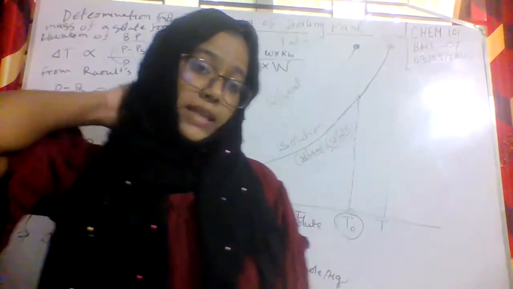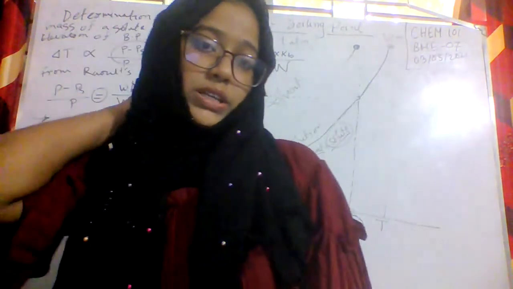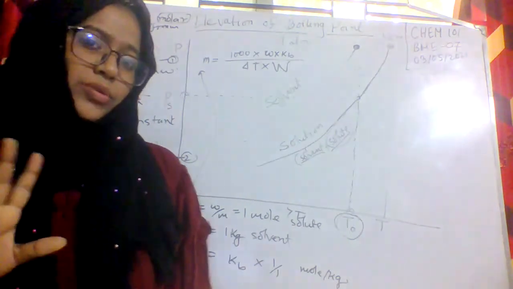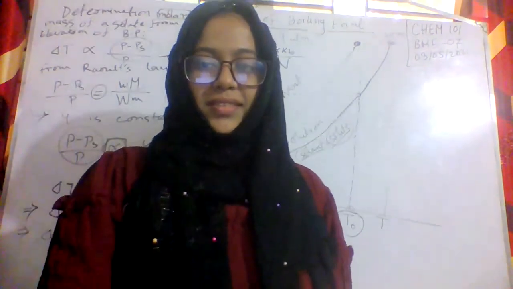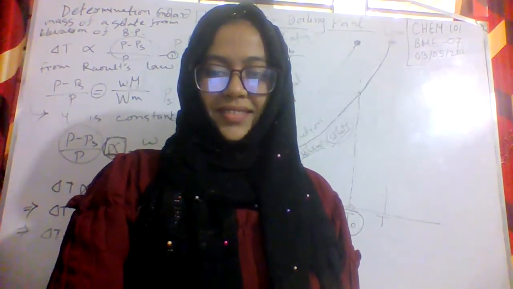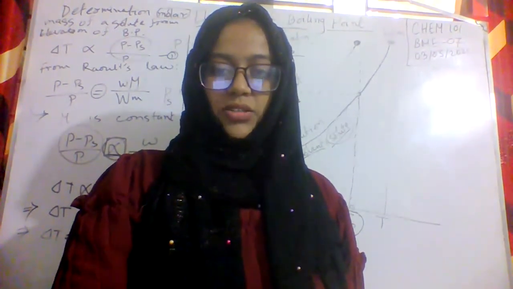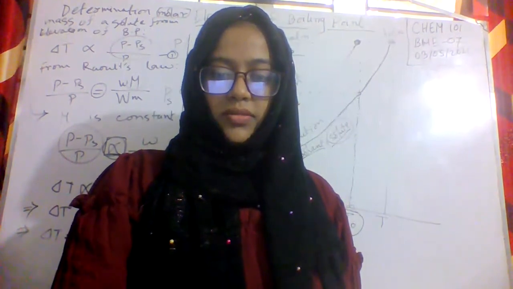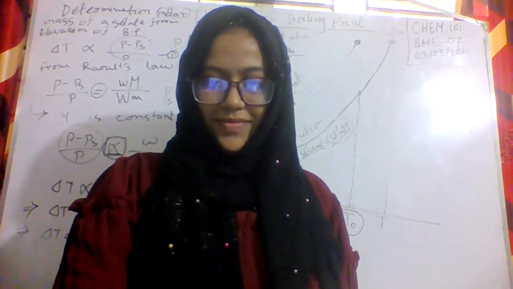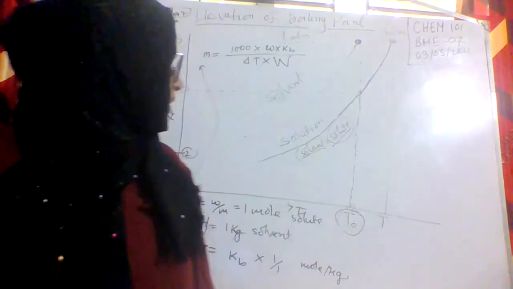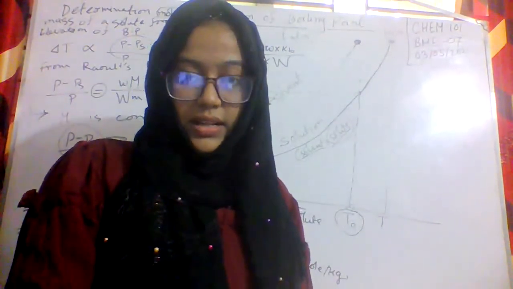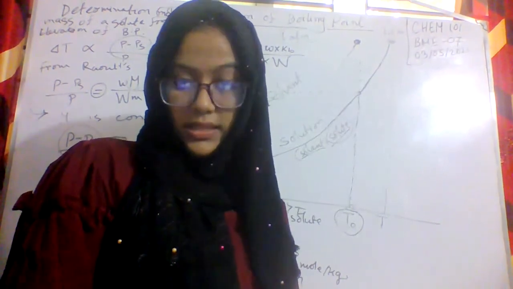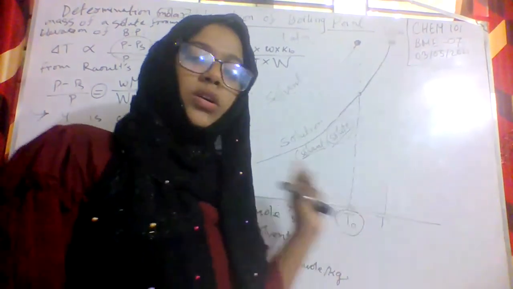Okay, now I will discuss the freezing point depression. Will I discuss another colligative property or not? It will be more. I ask you, will I start another new property, that is depression in freezing point, or not?